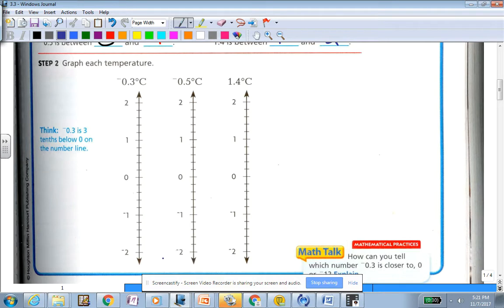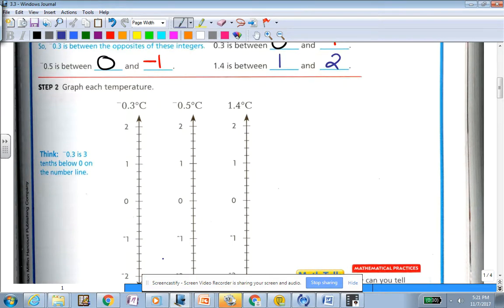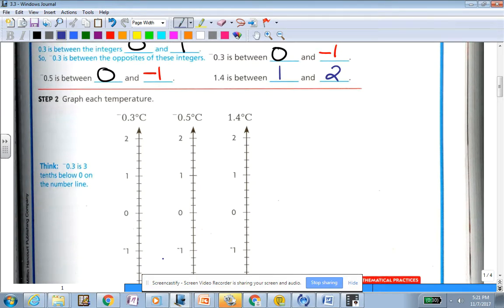We're not going to worry about that just yet. What I want you to do is highlight the benchmarks that these numbers are in between. So we've got 0 and -1 for the -3/10, 0 and -1 for the -5/10, and then 1 and 2 for the 1 4/10. So we've got our benchmarks.